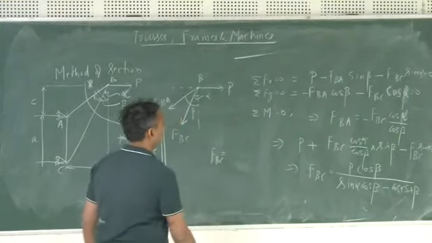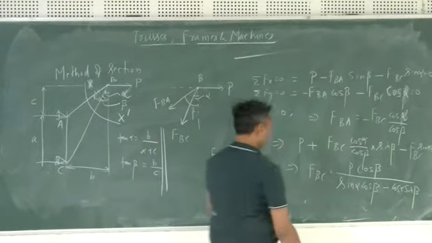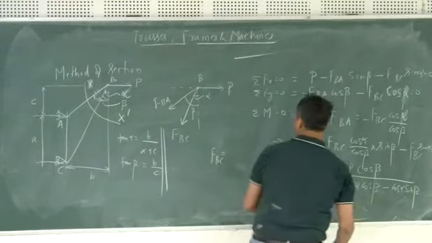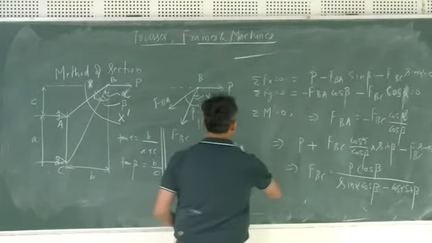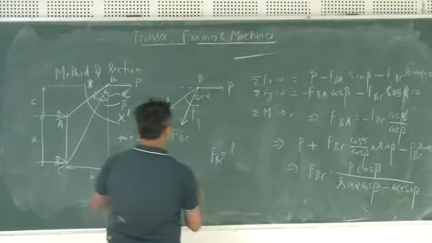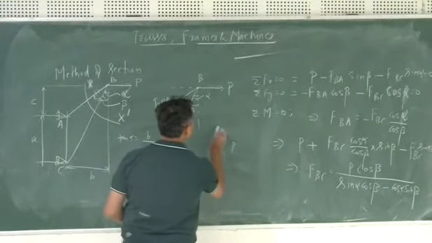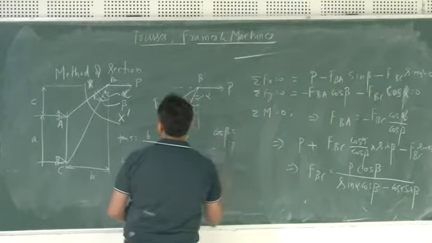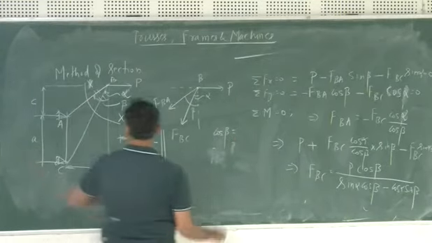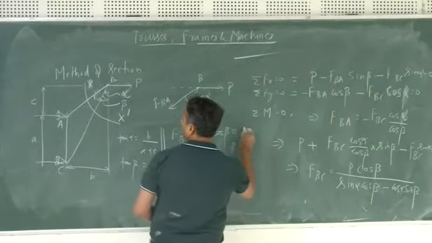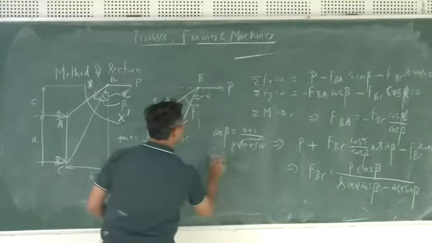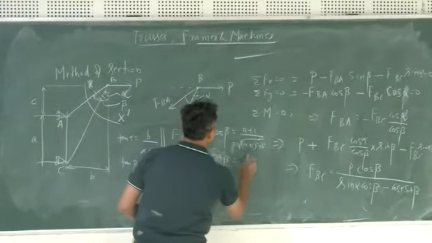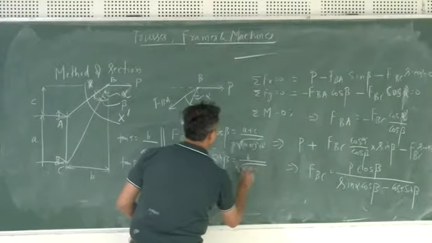Basically, if you try to find out all these quantities, you can substitute the values. Cos beta is this by this, which is the square root of the sides squared. Sine beta is equal to b divided by the hypotenuse.